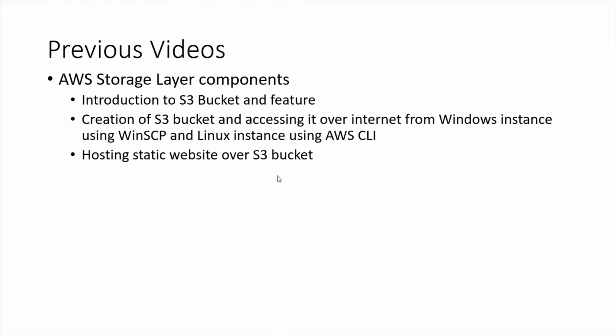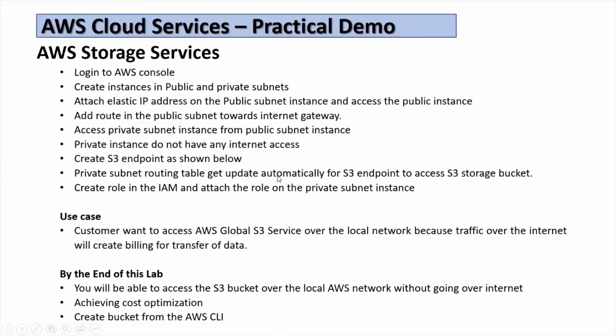So in this video, we will cover another use case as a part of storage services. What we are going to do is create an S3 endpoint, because in my previous demonstration, we accessed our S3 storage bucket over the internet, but there are certain charges for flow of traffic and accessing the S3 bucket.